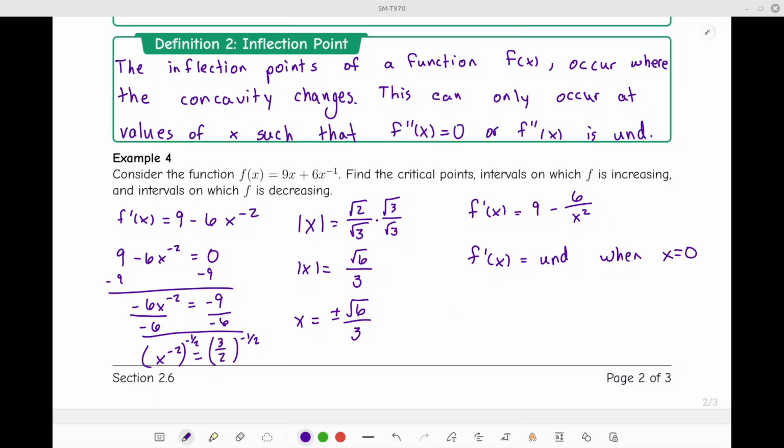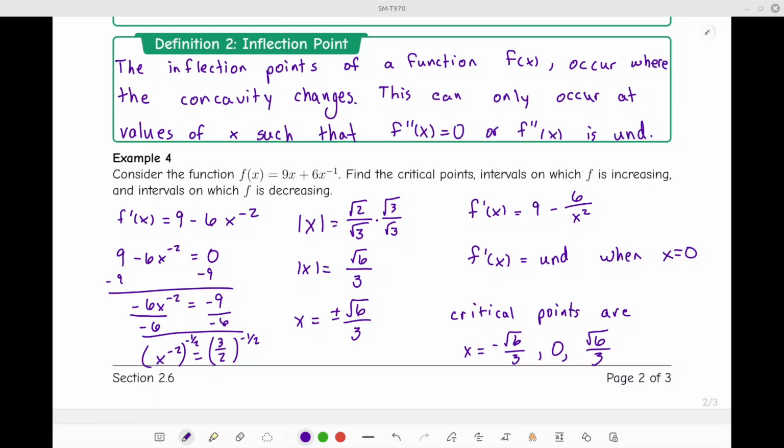So our critical points are negative square root of 6 over 3, comma, 0, and then positive square root of 6 over 3. So we got 3 critical points for this function.